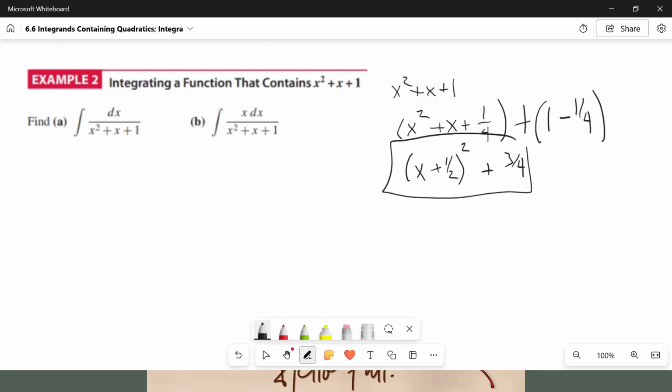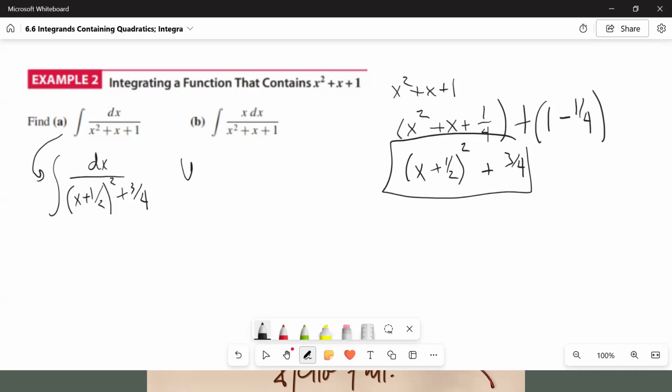Now that is not our answer, of course, but for part A, this integral becomes the integral of dx over x plus 1/2 quantity squared plus 3/4.